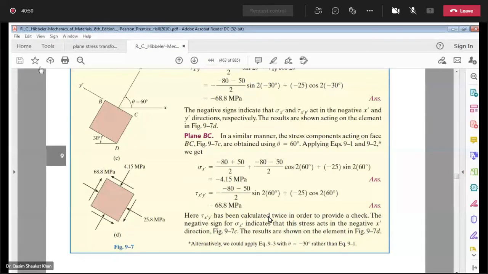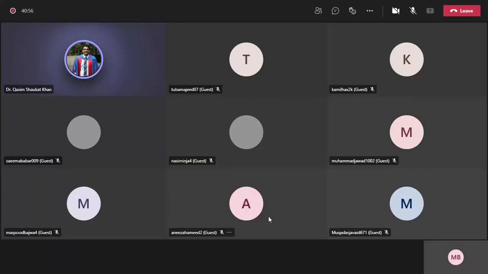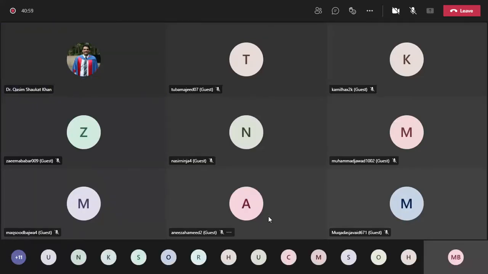let me show you one more slide. Just a moment, the slide is opening.